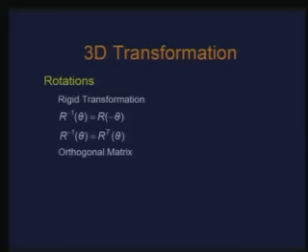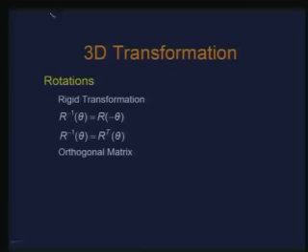Next, let us say I am talking about rotations in general. It could be rotation about the x axis, about the y axis, or about the z axis. So, the class of rotation transformations are basically rigid transformations, because there is no change in shape or size.